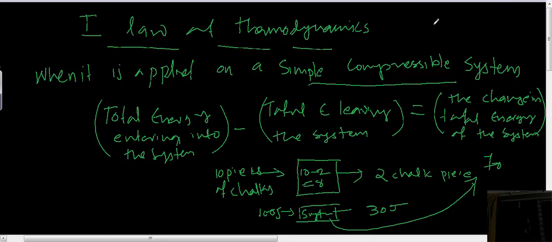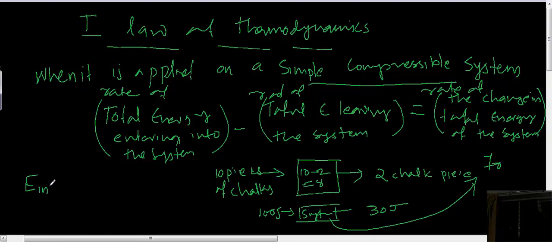Now in the rate form also we can write that. We just have to add the rate here, that is rate of total energy coming into the system minus rate of total energy leaving the system is equal to rate of change of total energy of the system. Mathematically, how can we write it? If there is no rate, I will not put E dot.